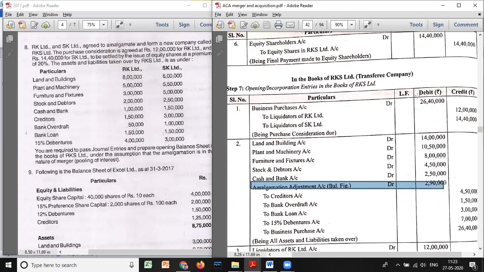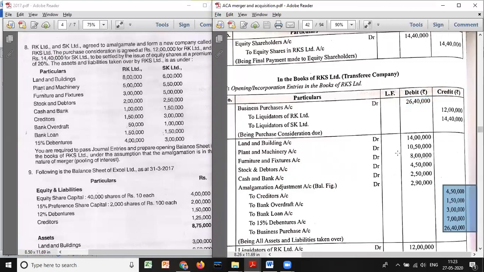Business purchase, how much do we have in the first journal entry? We have 26 lakh 40,000. If you total, the credit column will be more than the debit column. And I already told you to leave one line space, so that will be called, you can write it as general reserve. Please keep it in mind.